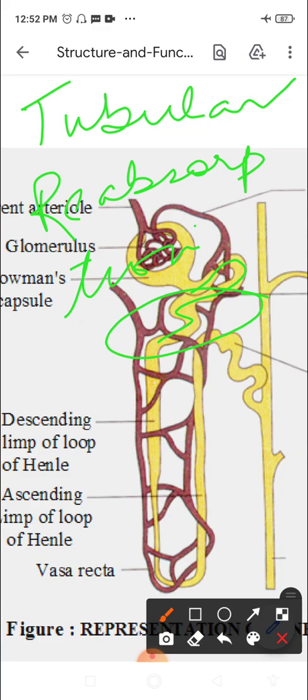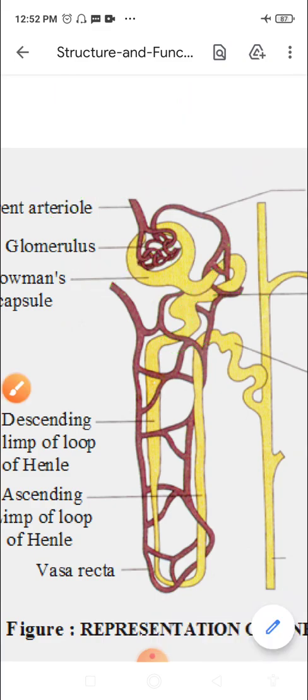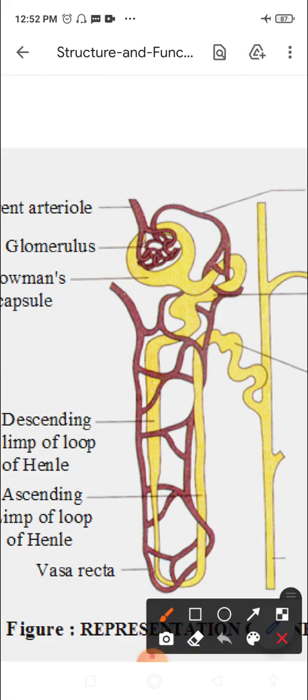So, those useful things move from the proximal convoluted tubule by the method of diffusion. They enter into the blood capillaries. This is known as tubular reabsorption, right. Reabsorption involves both passive and active transport. Active energy is required across the epithelium of the tube, right.